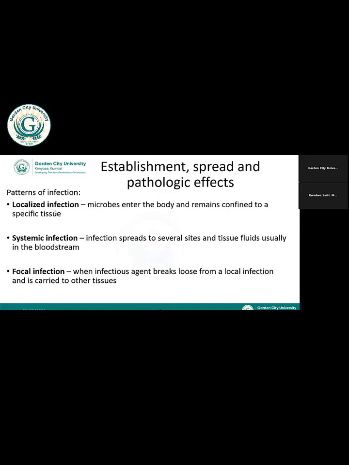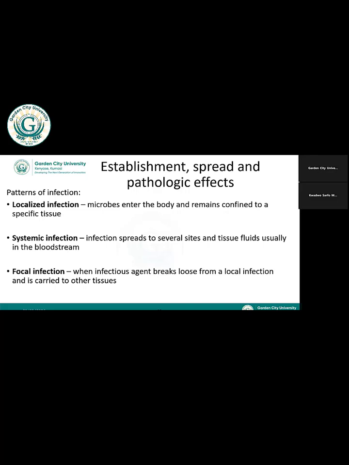Then we can have a localized infection, which will then spread to other sites, but not several sites. So it can move from the intestinal tract into another site, or you can have respiratory infection, then develops into meningitis, affecting the brain.